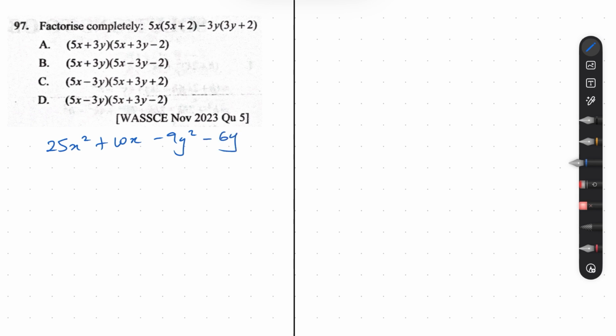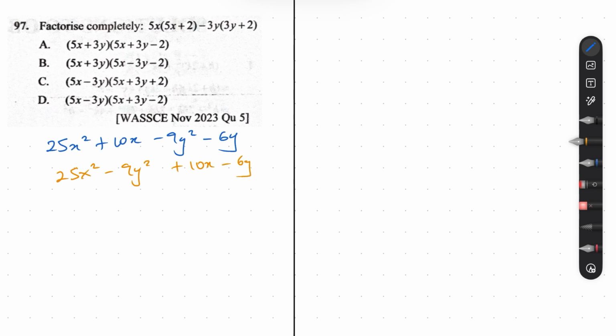Now you can see a potential difference of 2 squares, right? 25x squared and 9y squared. Let's group them together. We have 25x squared minus 9y squared then plus 10x minus 6y.